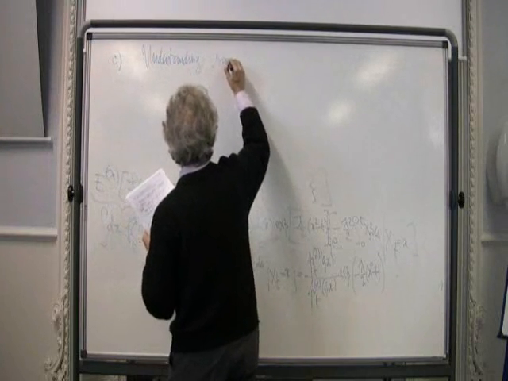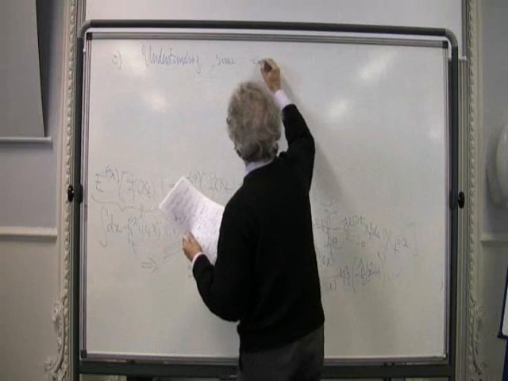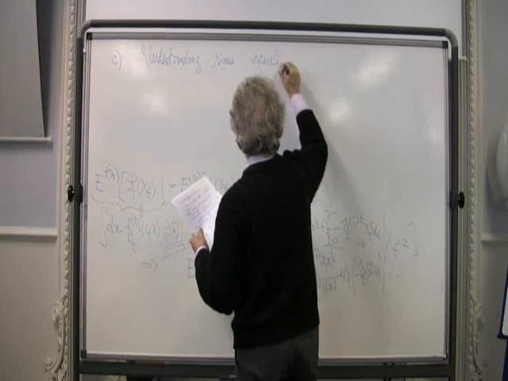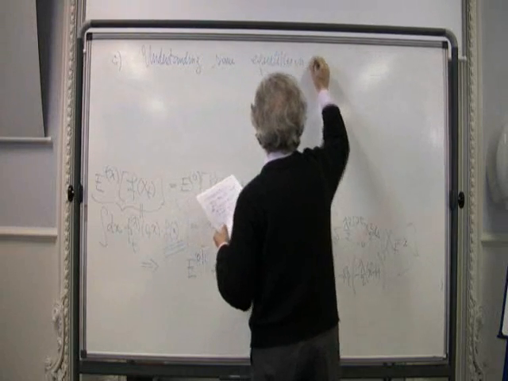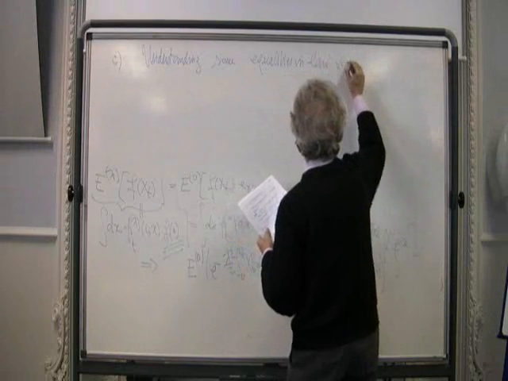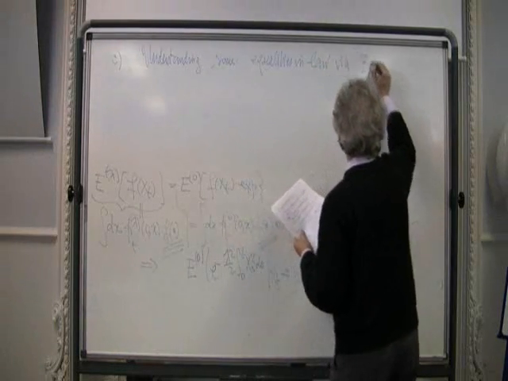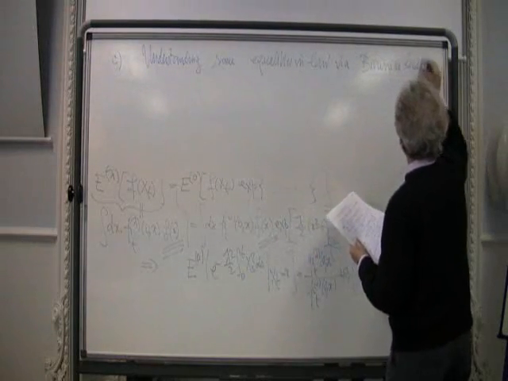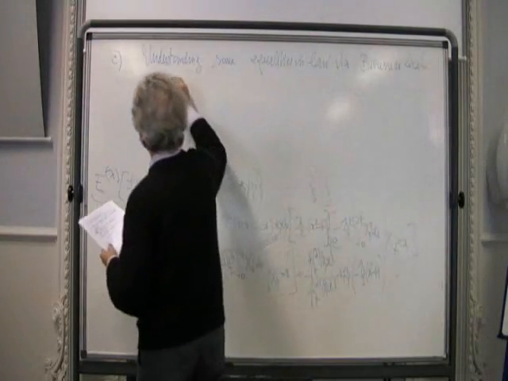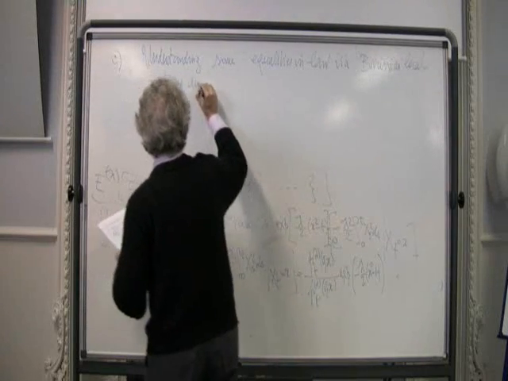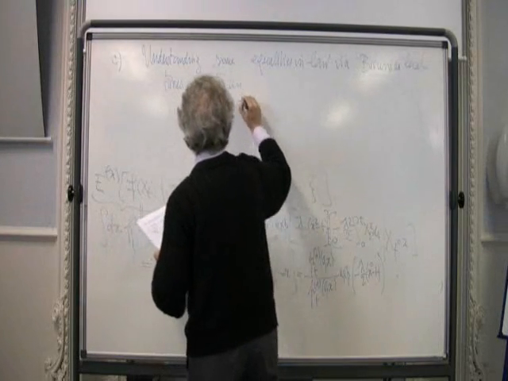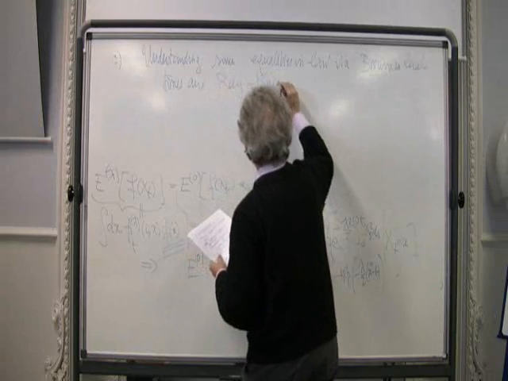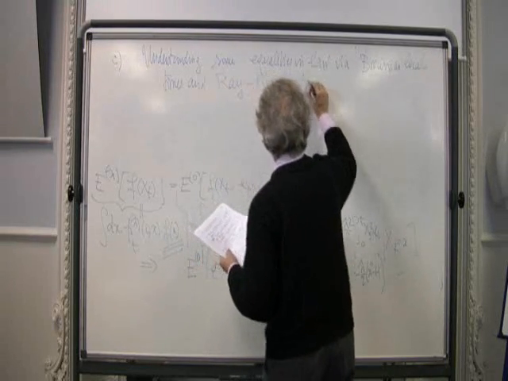Well, maybe it would be more correct to say equalities in law, via Brownian local times, and what is called the Ray-Knight theorems.